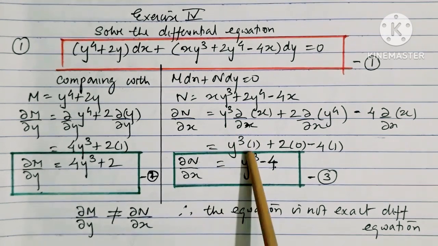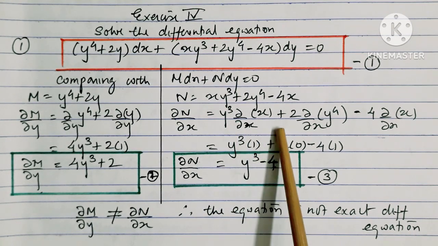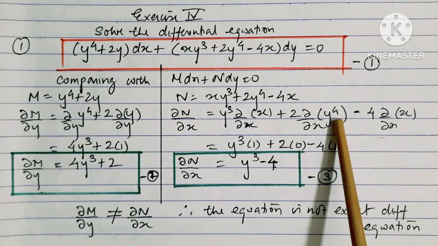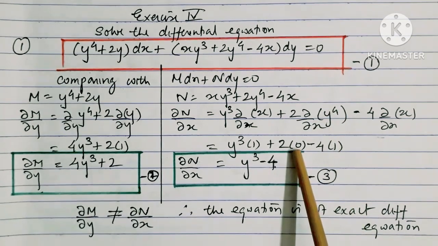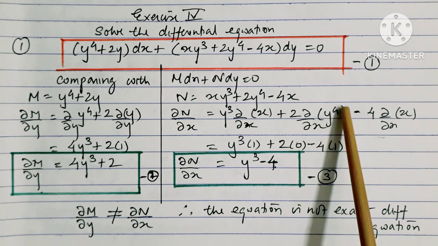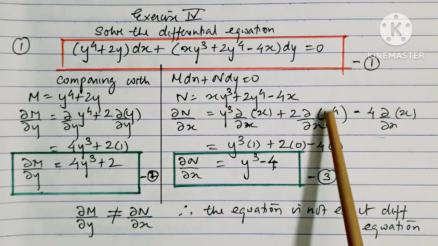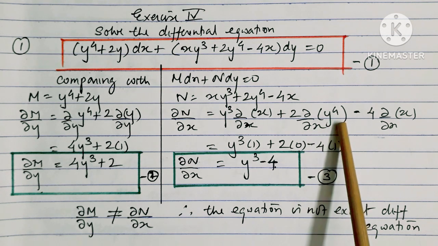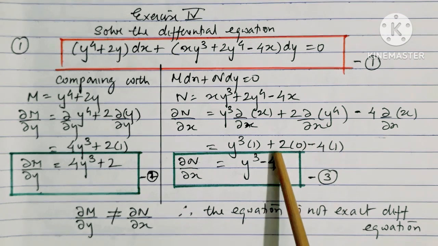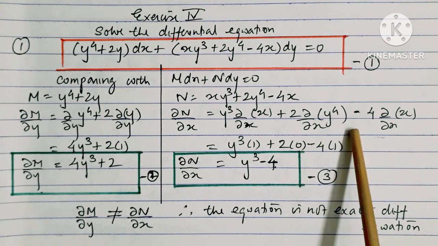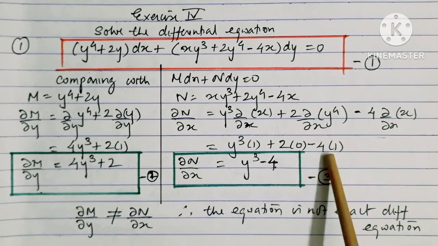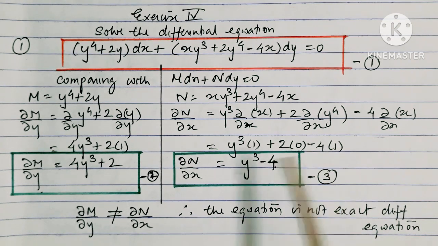Now del by del x of x equals 1. So this would be y^3 into 1 plus del by del x of y^4 is equal to 0, since we are treating y as a constant because we are partially differentiating with respect to x. So this would be plus 2 into 0 minus 4 into 1.